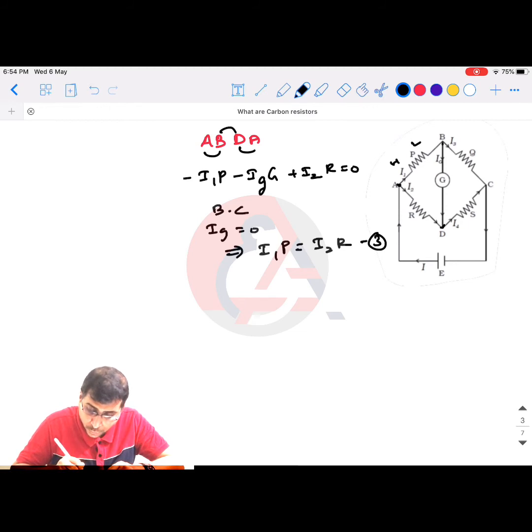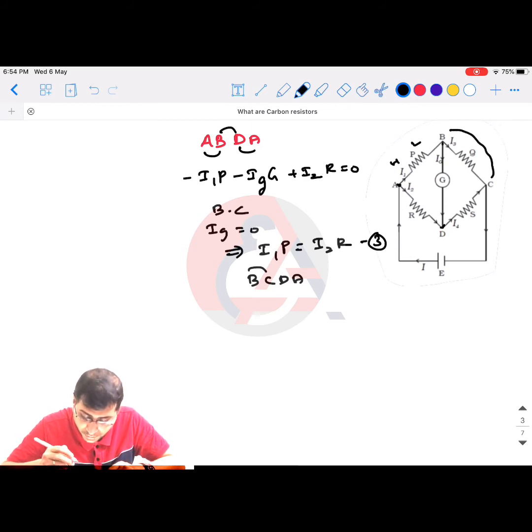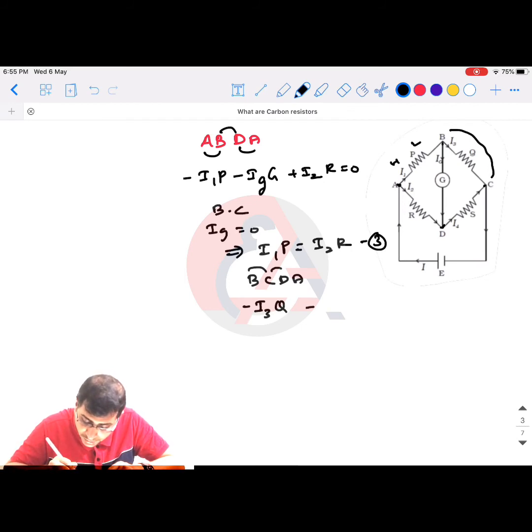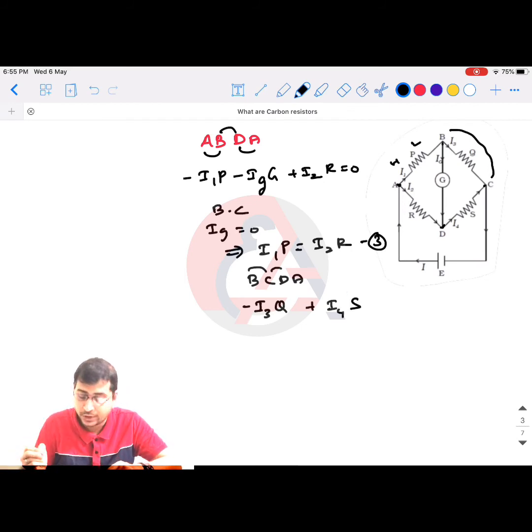Similarly, if you consider the loop B, C, D, A, when you go from B to C, what is happening? There is a potential drop of I3Q with a negative sign because you are going from higher to lower potential. Similarly, when you go from C to D, you are gaining a potential drop of I4 into S because you are walking in the direction opposite to the current.